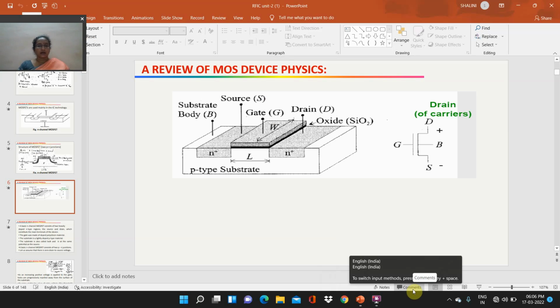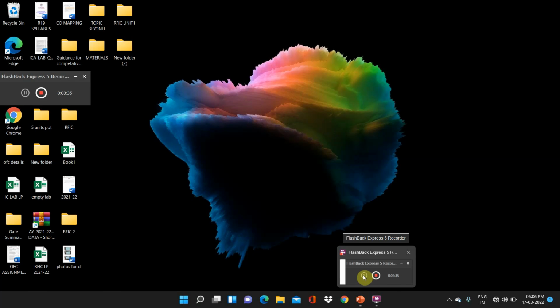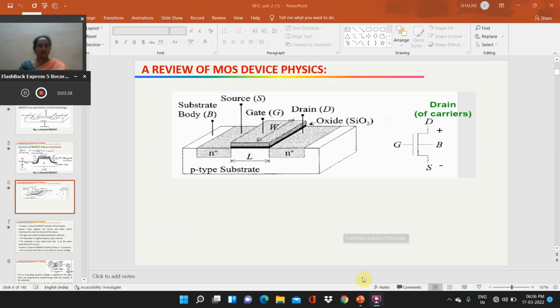The P substrate is located here, and the length L lies between the two diffusion regions.